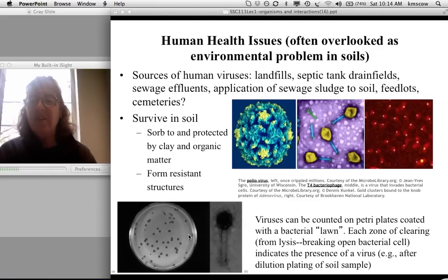And everywhere there's a virus in your diluted soil suspension that you pipette on this lawn of bacteria, you're going to get a clearing, a zone of clearing. That's what these little dark dots are in that lawn of bacteria, that's going to show that there is a virus there. So you can use it to enumerate viruses, or count how many viruses you have in your soil.